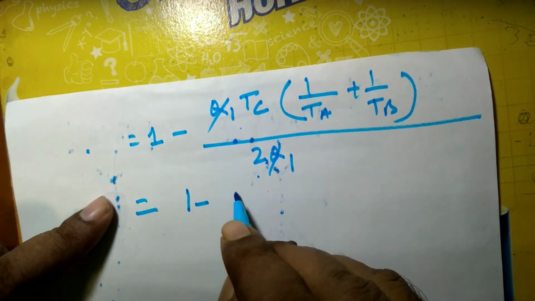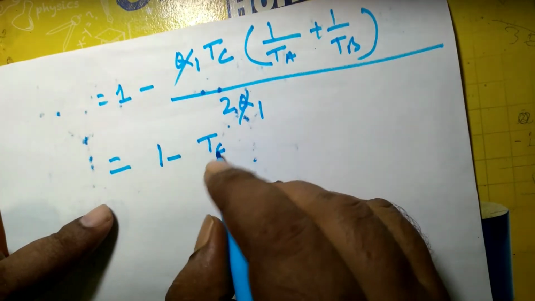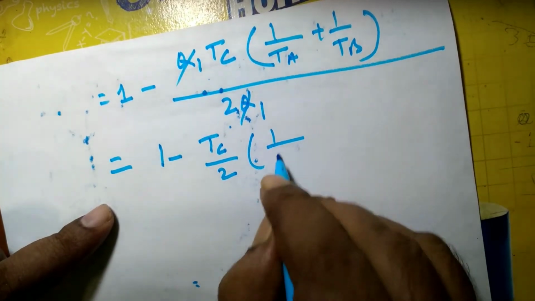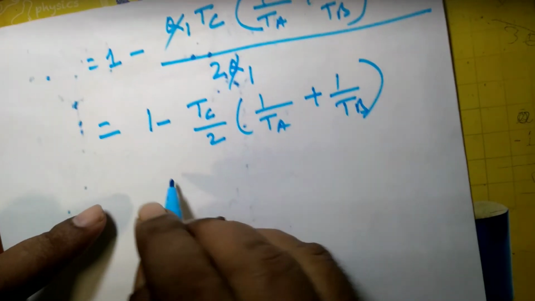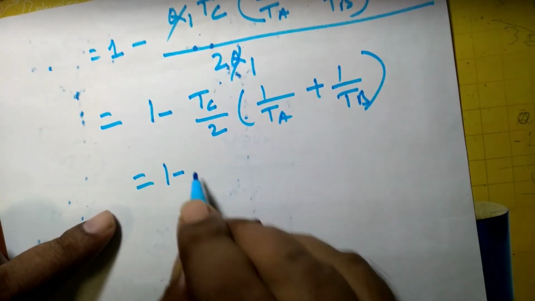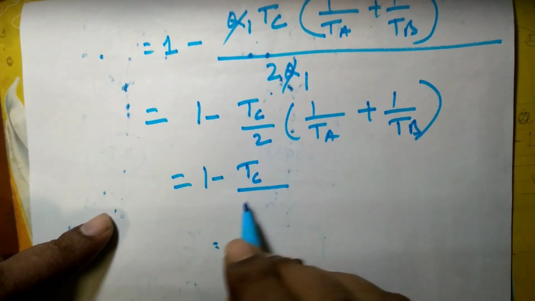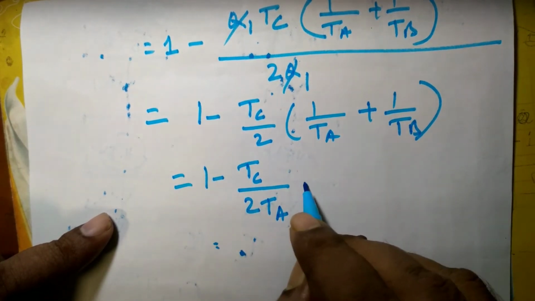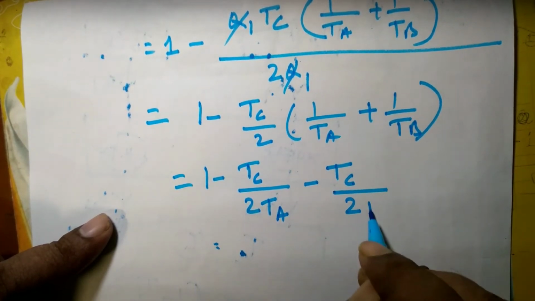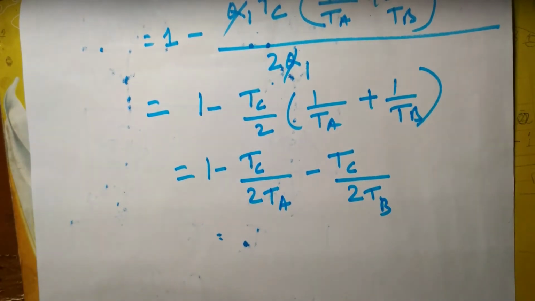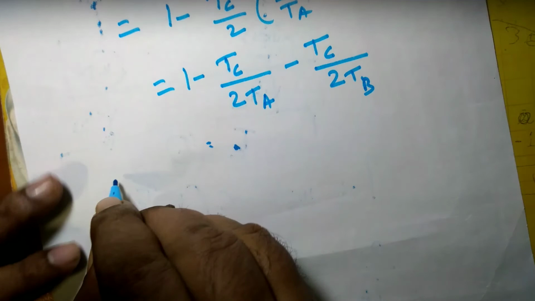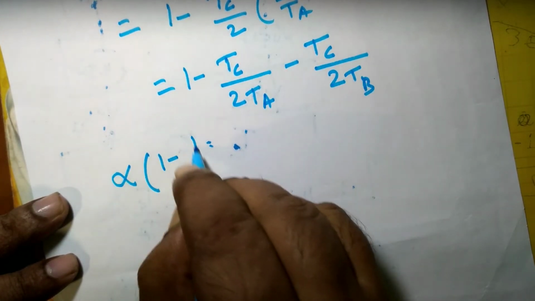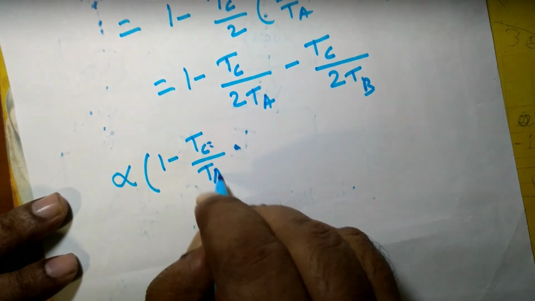So 1 minus TC by 2 times 1 by TA plus 1 by TB. This is equal to 1 minus TC by 2TA minus TC by 2TB.